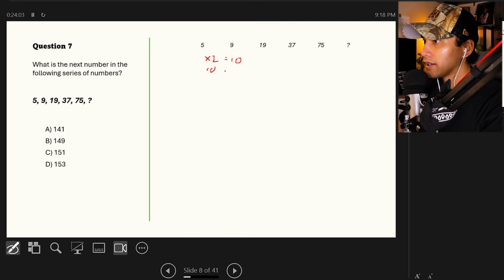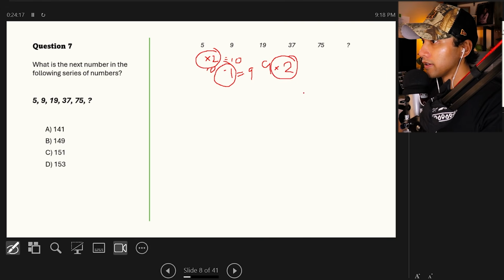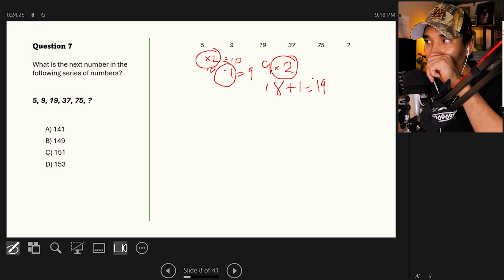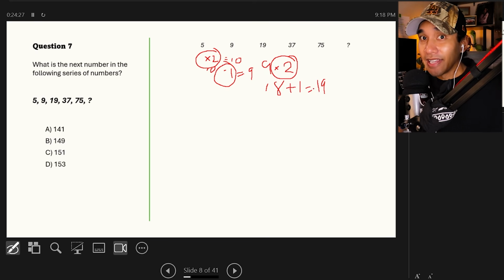Now 10 minus 1 equaling 9. Those are the two operations. Times 2 minus 1. Right here, it's 9 times 2, equaling 18. 18 plus 1 is 19. I kind of saw that pattern because I did this test.